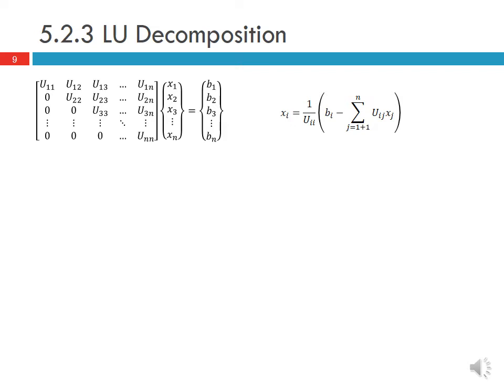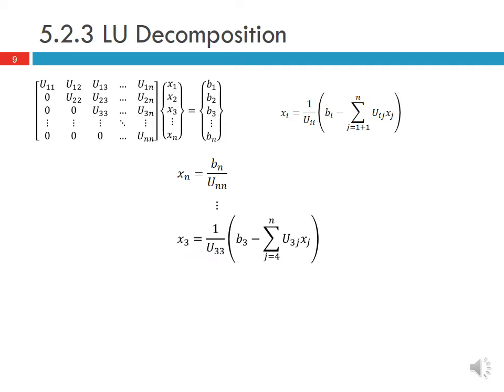So let's take a look at this. We've got our system and our formula here. So for an upper triangular matrix with backward substitution, we start at the bottom. So xn is equal to bn over unn. And then we proceed to xn minus 1 and continue on.